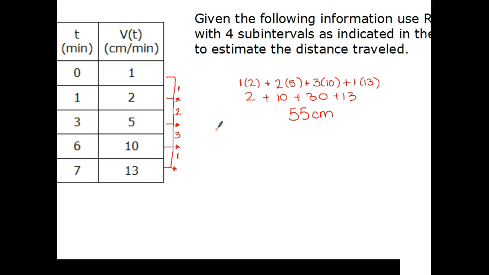Technically you're doing v of t times t, and velocity is centimeters per minute, times time, so your minutes cancel. Just in case you have to come up with the units, I want you to know how to do it using that table.